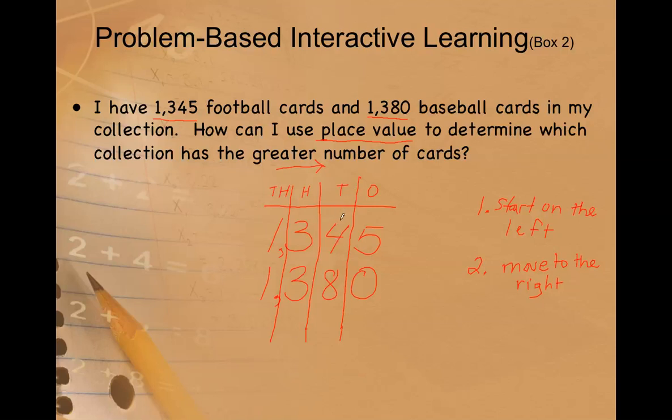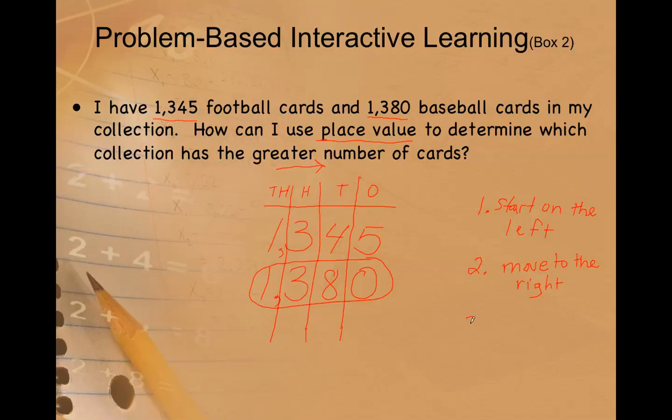And I'm going to keep moving to the right until I see 2 digits that are different. And here in the tens place, I see I have a 4 and an 8. These values are different. 8 is greater than 4. So I know that this number is larger because 8 is greater than 4.